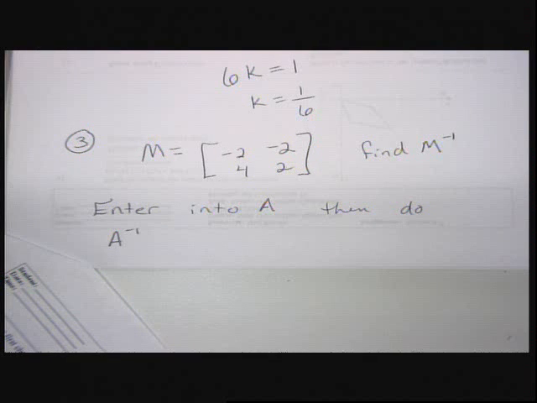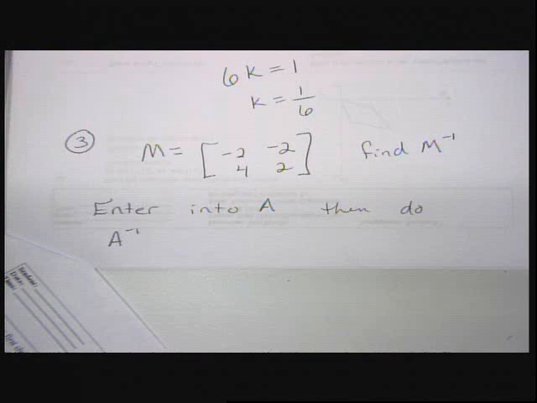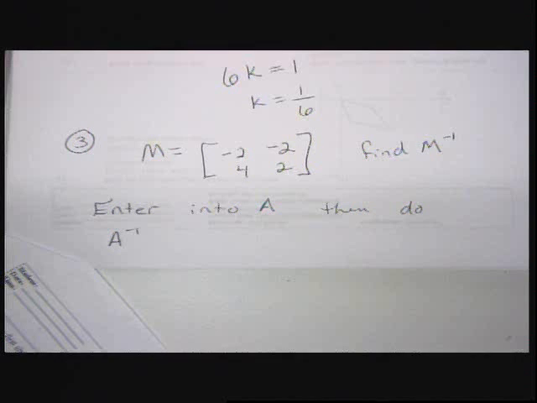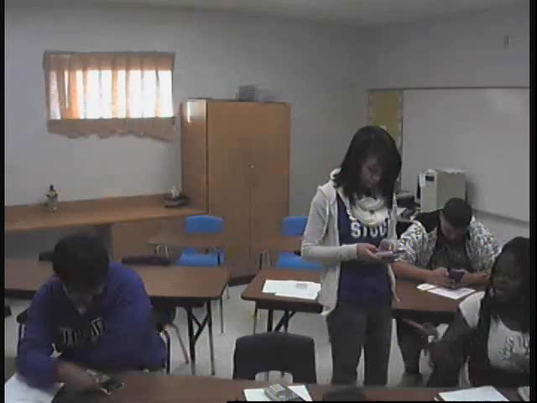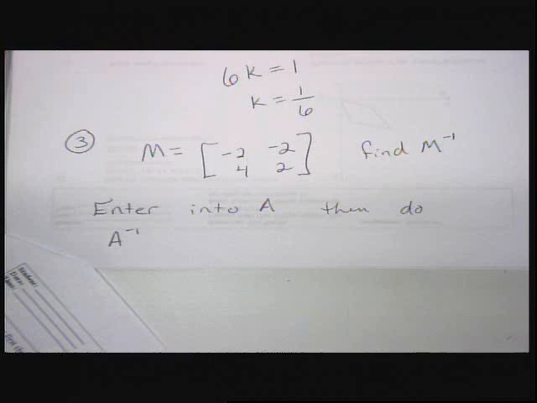I got 1/2, 1/2, negative 1, and negative 1/2. That's perfect. Good. Chilton, how did you do? Okay, so did y'all get 1/2, -1, and -1/2? Did you look at your neighbor? Is your neighbor getting that? Nice. How we doing?